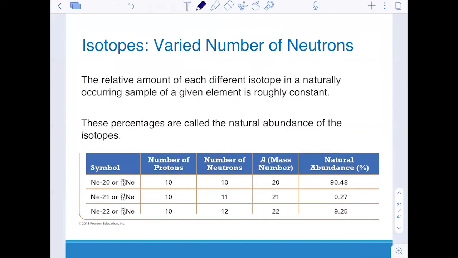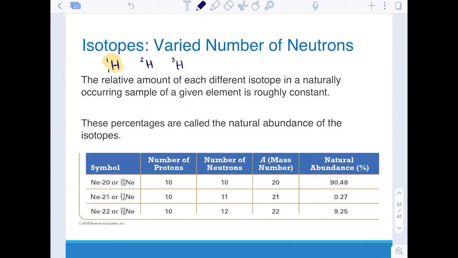Now, the most important example, H1 versus H2 versus H3. Hydrogen actually has 3 isotopes. The most common one that we use is H1, where there is 1 proton and no neutrons.